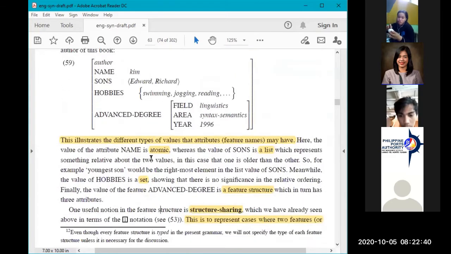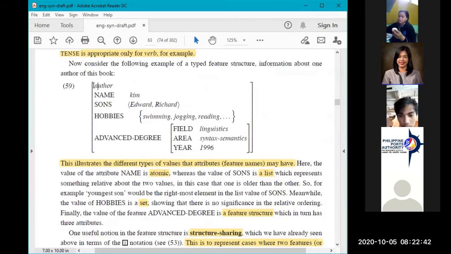For example, we have here the feature structure of the word author, or the author of the book. The author's name is Kim. The attribute sons has two in the list, which is Edward and Richard. It's basically common sense that because it's a list, Edward is the oldest and Richard is the youngest.